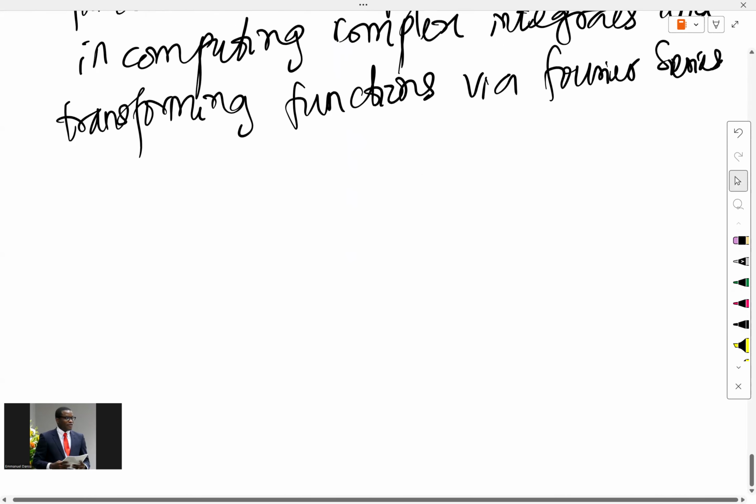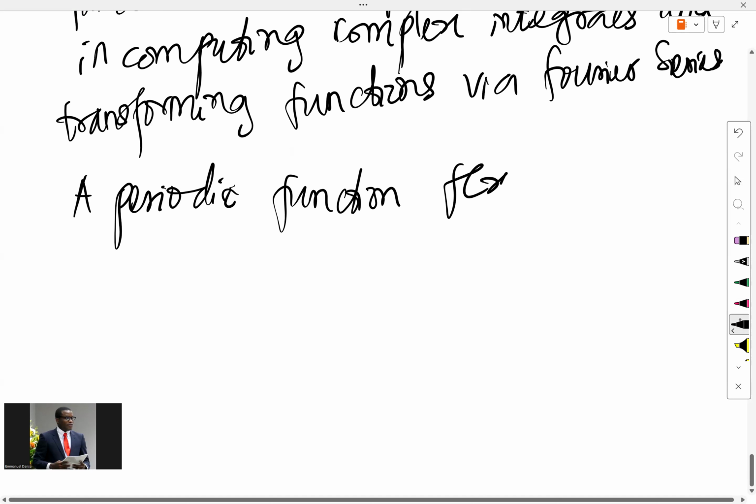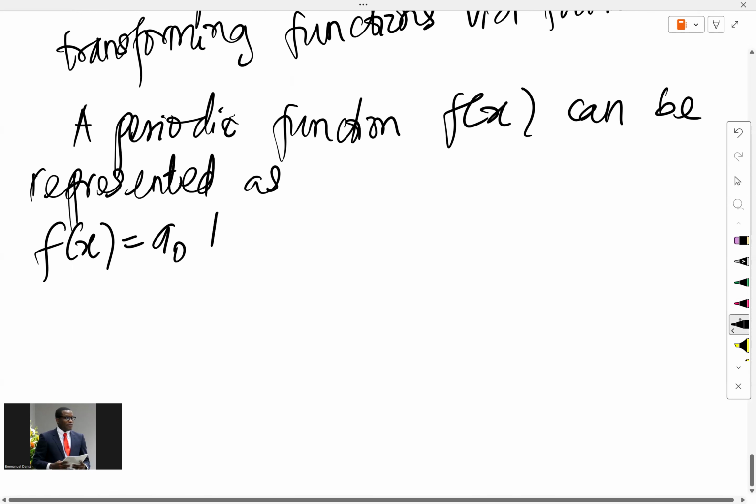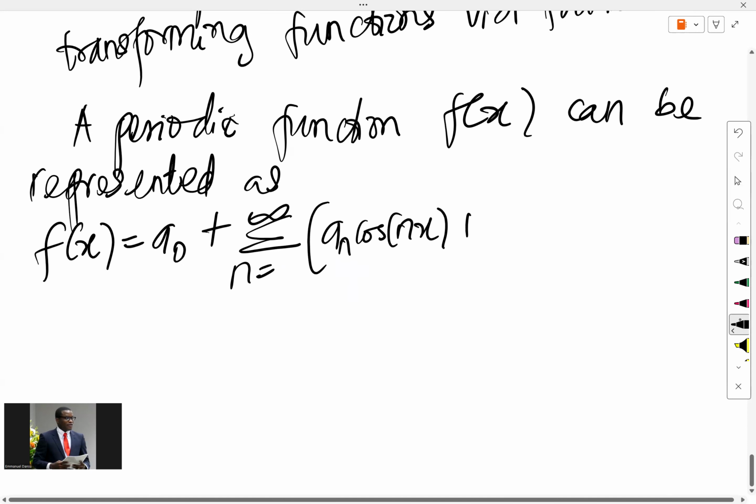So, for instance, a periodic function f of x can be represented as f of x equals a naught plus summation from n equals 1 to infinity of an cos nx plus bn sine nx, like that.